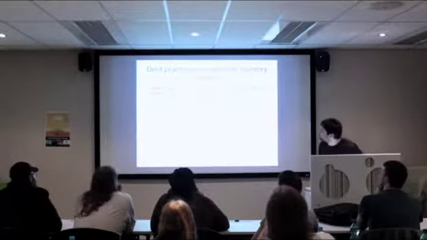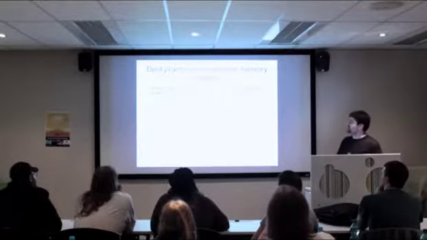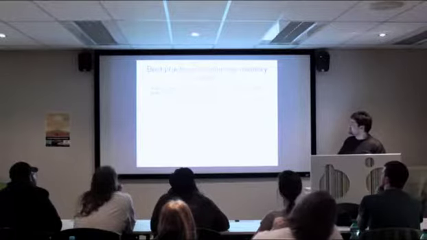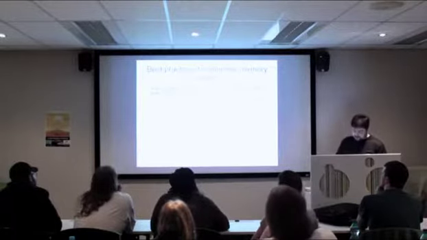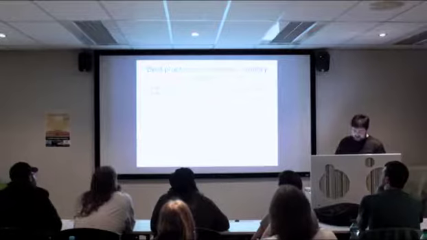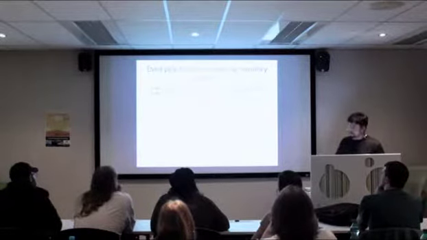Take, for example, can everyone read that? A very simple type there, just a class with a method on it. This is pseudo C# that I'm using to demonstrate here.